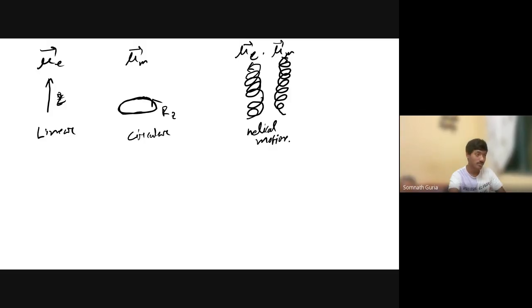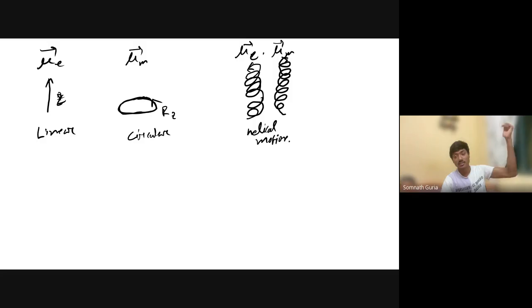In our molecules, let's suppose one isomer has a helical motion where the left-handed helical part is predominant in one molecule, and the other enantiomer has a right-hand circularly helical motion of the combined magnetic and electric field in the molecule itself.